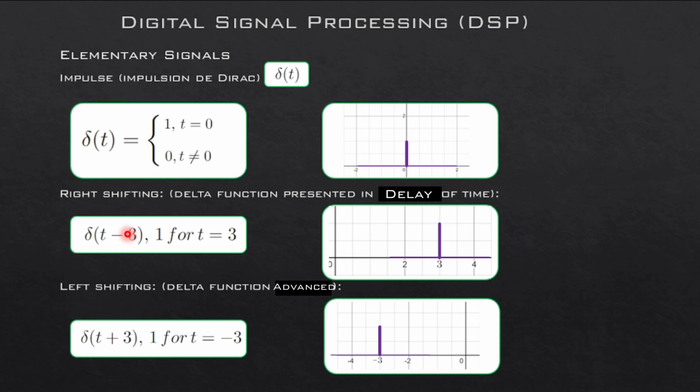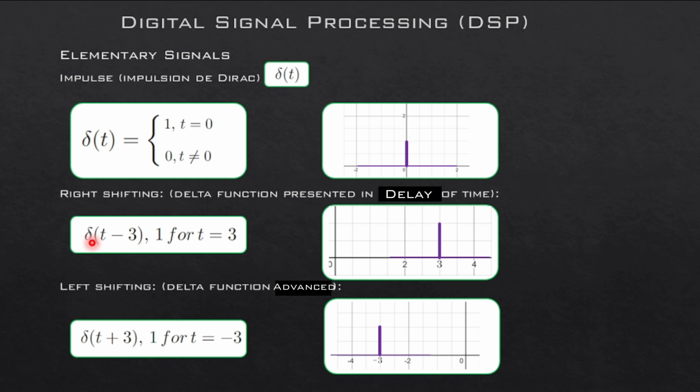Imagine t minus 3 is equal to x. For t equal to 0, delta t is equal to 1, but you don't have simple t, you have t minus 3. So you replace it by x and solve for t. t minus 3 is equal to 0, then t is equal to plus 3.